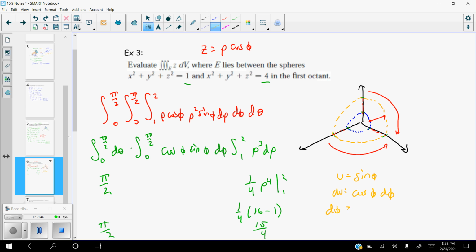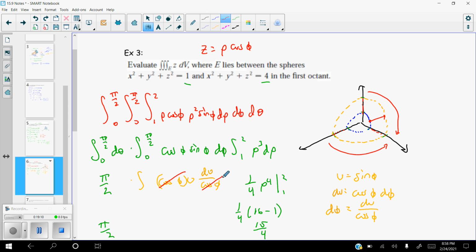So d phi is going to be du over cosine phi. So let's go ahead and make our substitutions. And I will change the bounds here. So let's see, I'm going to get cosine of phi times u times the new d phi, which is du over cosine phi.